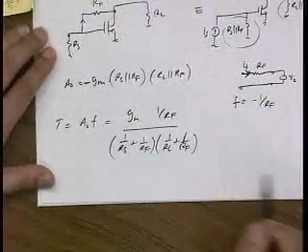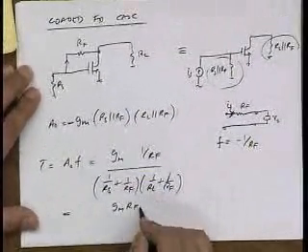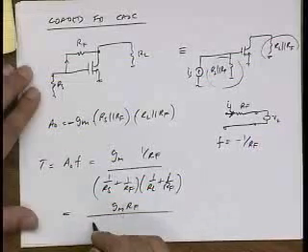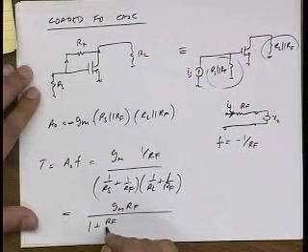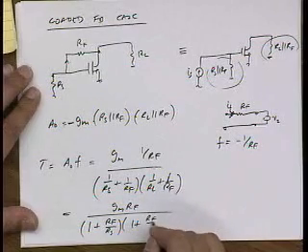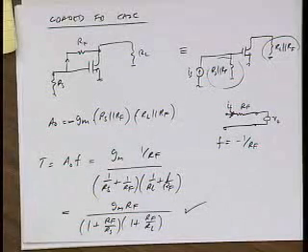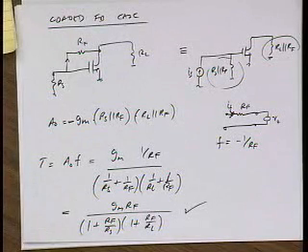And if I multiply everywhere by RF squared, I get GM RF on the numerator. Denominator, I get 1 plus RF over RS, 1 plus RF over RL. Same thing. Get the same thing that I got before.